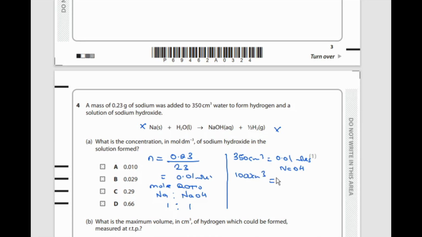The reason why we are doing this, we know that 1 dm cubed is equal to 1,000 cubic centimeters. Therefore, 1,000 times 0.01 divided by 350 cubic centimeters will give us 0.029 moles per dm cubed. Our answer is B.